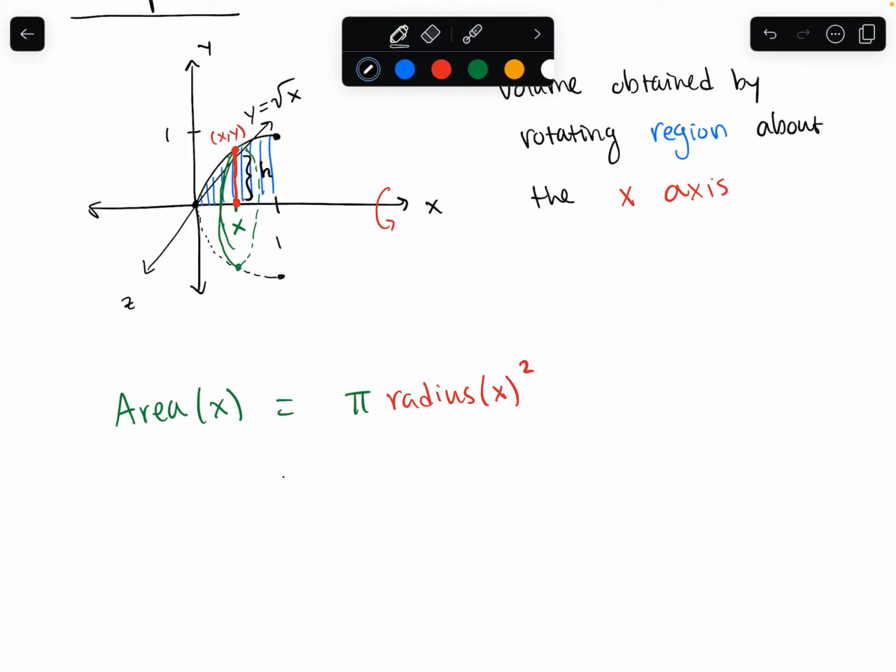But the radius of the cross section is just that height h, which is the distance from that point y to the x-axis.